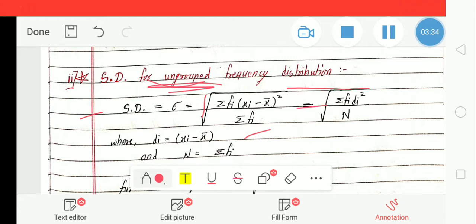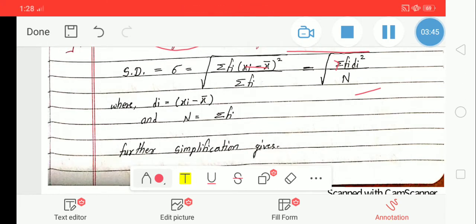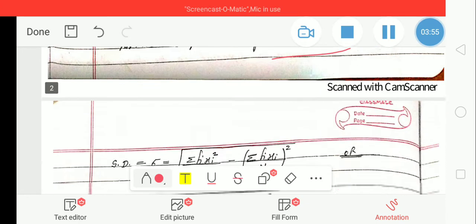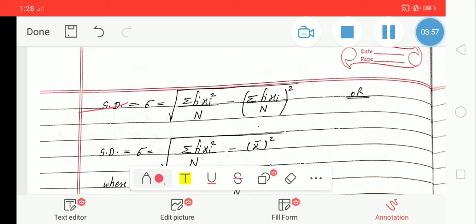We can also write it as the square root of the summation of fi di square divided by capital N, where di is xi minus x bar, x bar is the mean, and N is equal to the summation of fi. Further simplification is given here also.